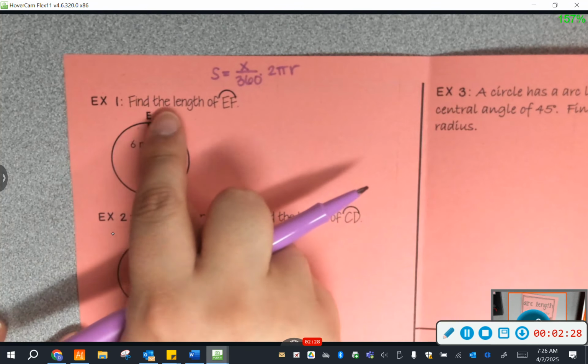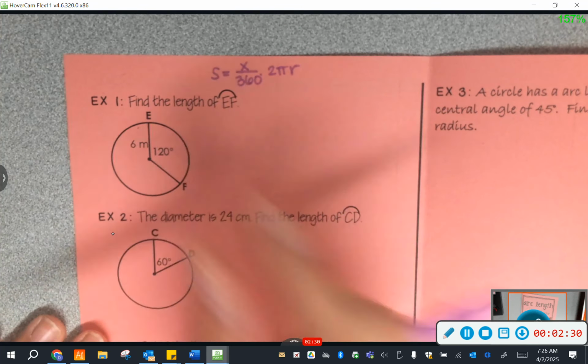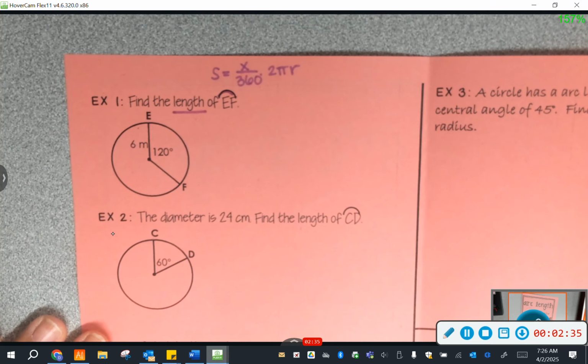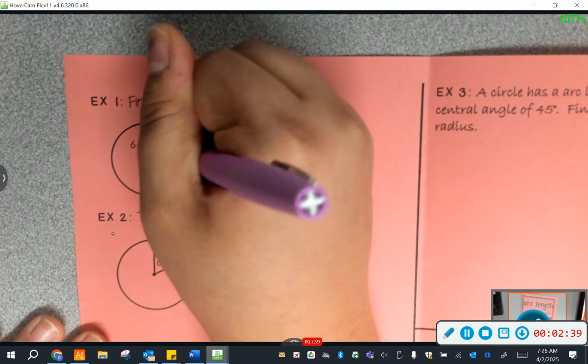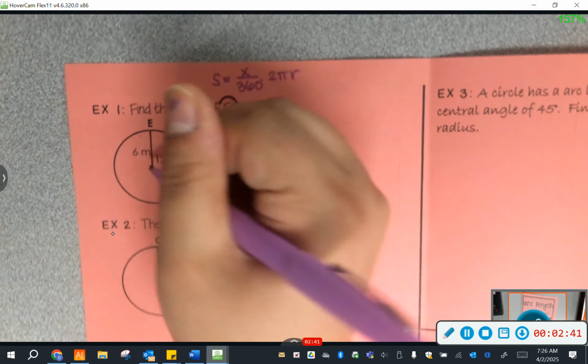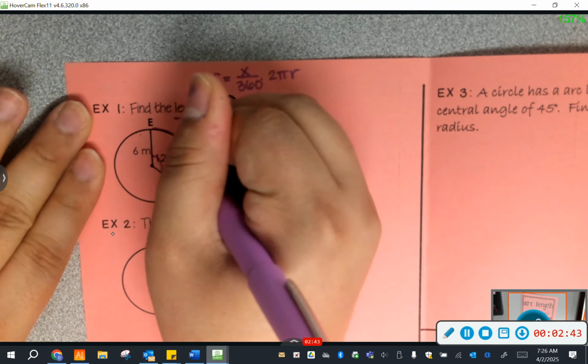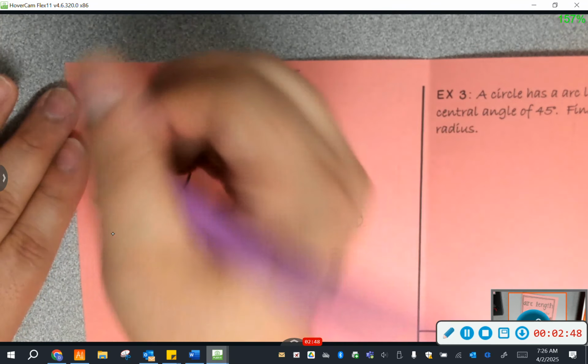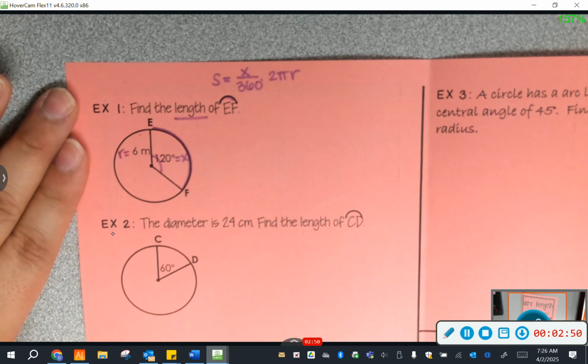So for this right here, it says find the length of arc EF. Because it wants the length, first of all, what is my x? 120. Do y'all agree that's my degrees of this and this? And what is my radius? My radius is 6.